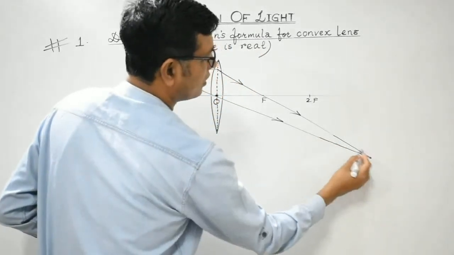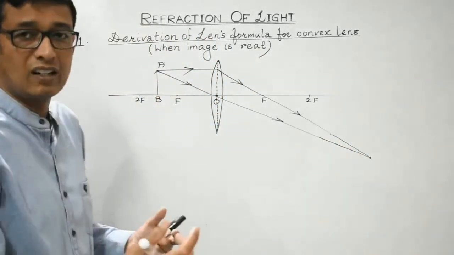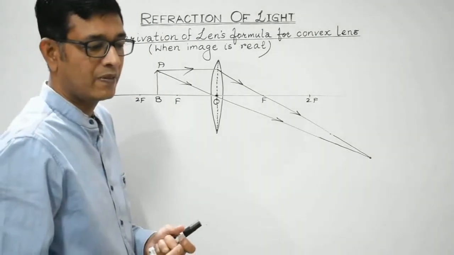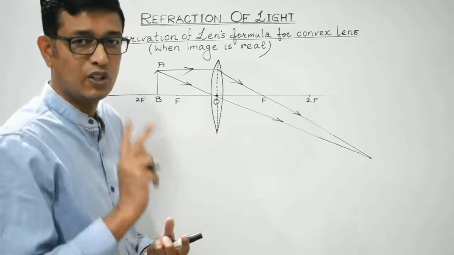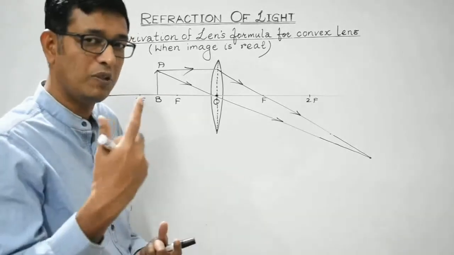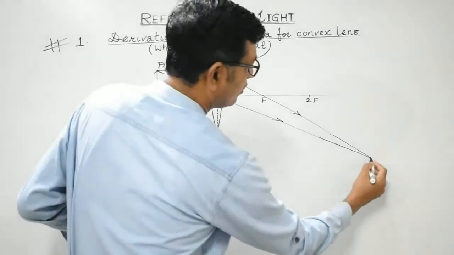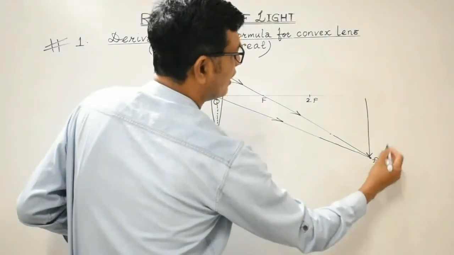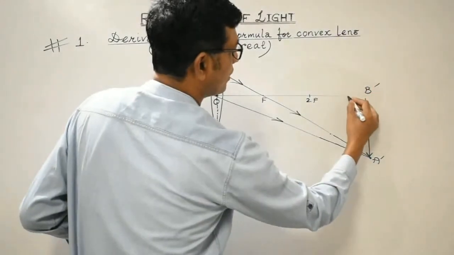Okay, this is the point. And I told you, whenever the two dark lines intersect, it means that the nature of the image must be real. Two dotted lines, that is virtual. One dotted line, that will be again virtual. So here we will drop a perpendicular. So this is the inverted enlarged image obtained, A dash B dash.